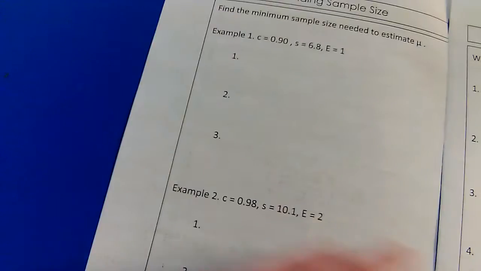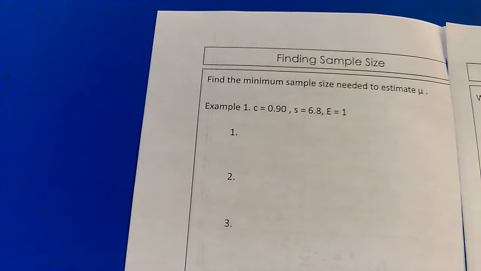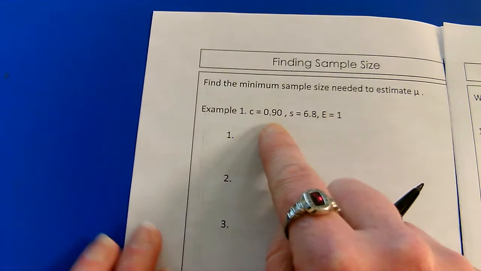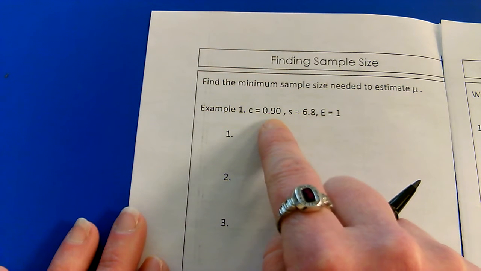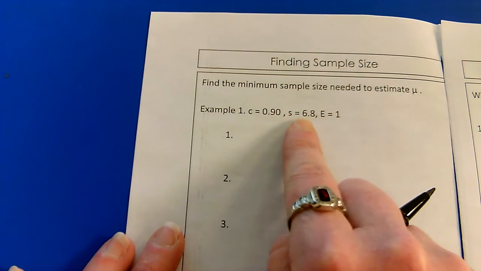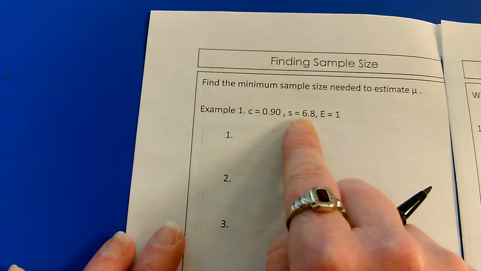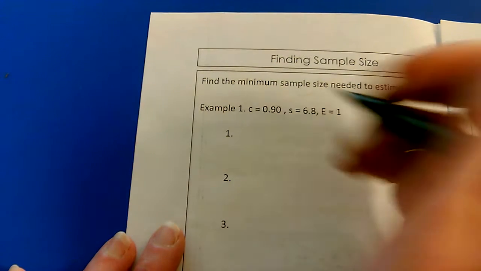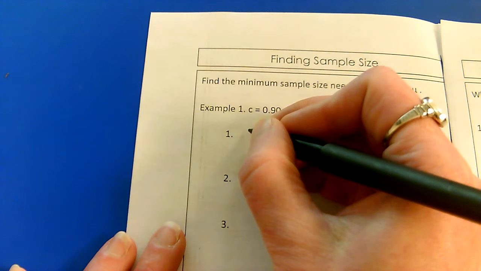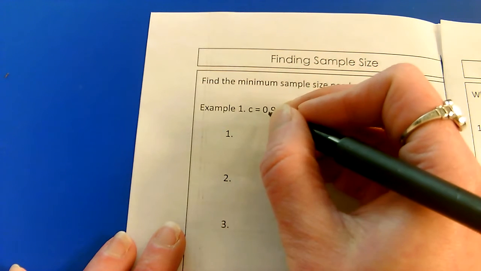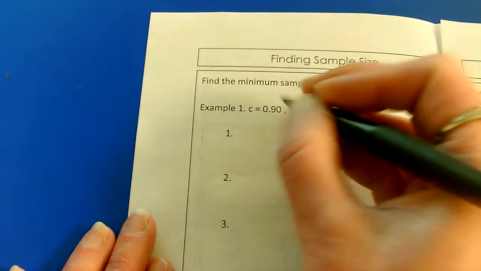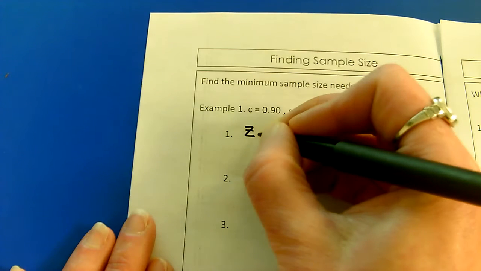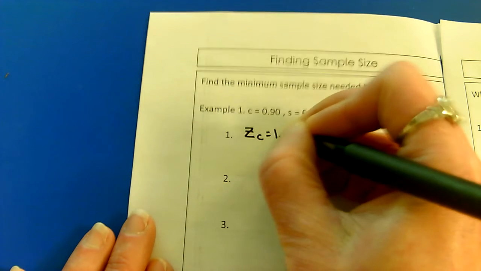So, a couple of examples of that, and then we'll get on to what to do when we don't have a lot of data. Okay, so this one says our confidence level is 0.90. So that's 90% confident. Standard deviation is 6.8 with an error of 1. So I look back at my chart, and if I have a confidence level of 0.90, my z-score is 1.64.